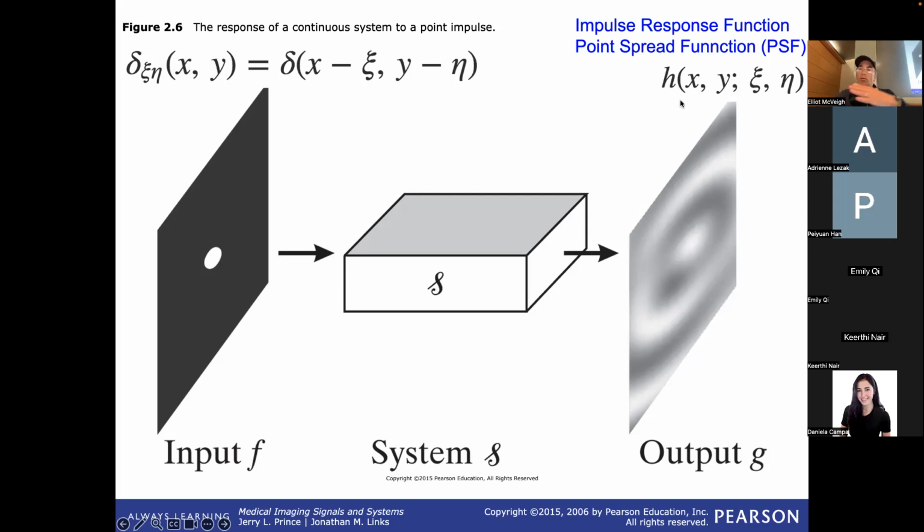It has a whole set of point spread functions that you need. It could have a functional dependence, but if it is shift invariant, this thing is independent of the offset in psi and eta.